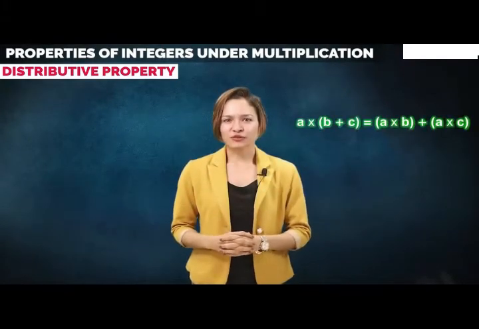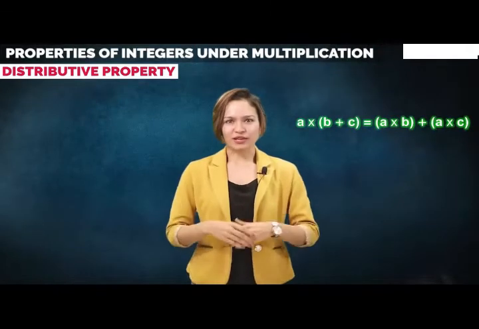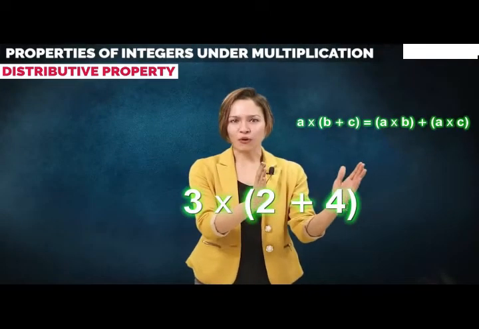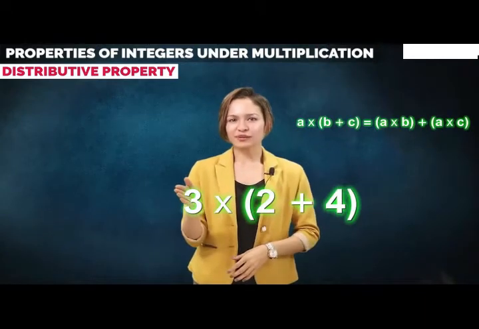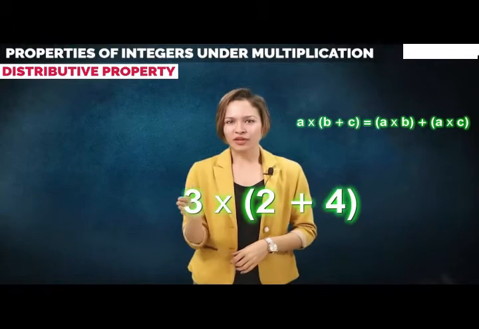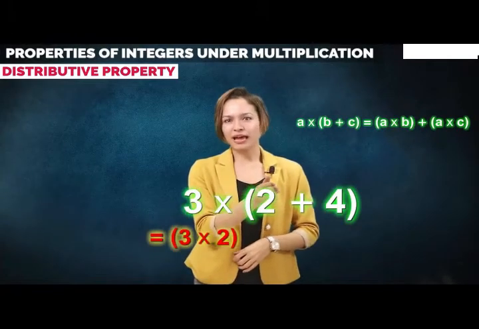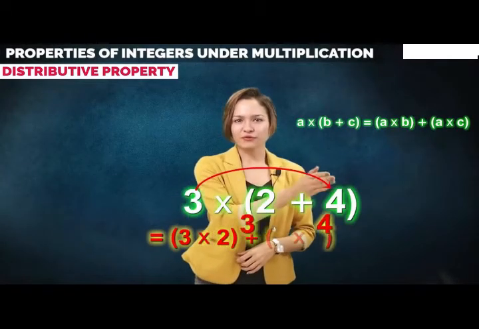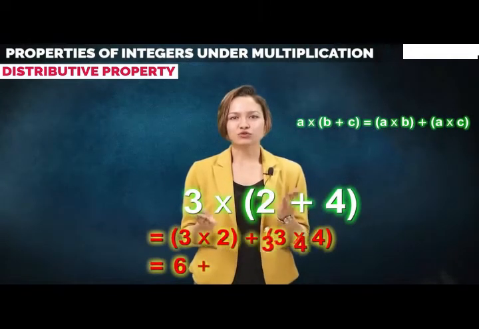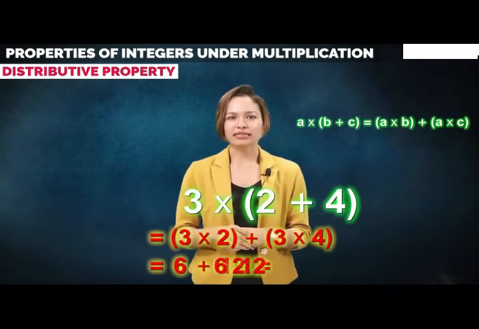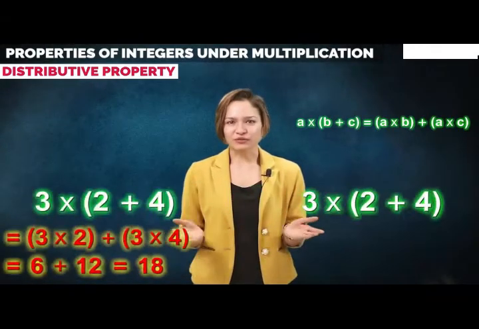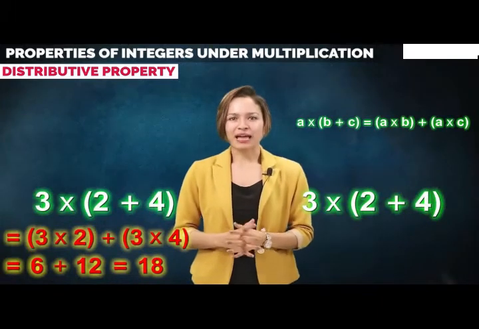Now, let us apply the distributive property and solve this equation: 3 multiplied by 2 plus 4. Here, 3 can be distributed across the 2 plus 4 into 3 multiplied by 2 and 3 multiplied by 4, which comes out to be 6 plus 12, that is equal to 18. Now, we solve it the normal way without using the distributive property.